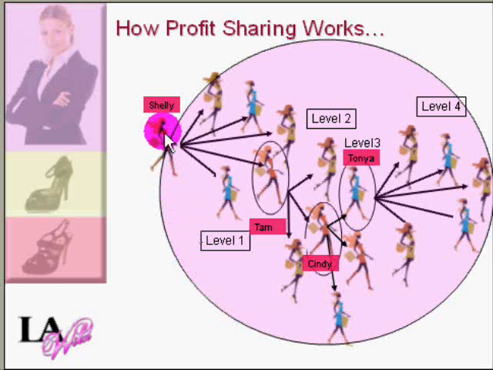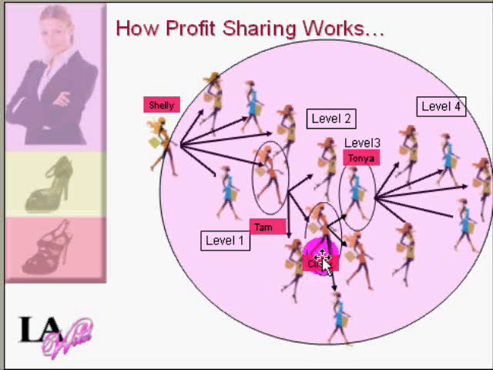Particularly there's a profit sharer by the name of Shelly, okay? And she's represented right here. And Shelly's invited 5 people to the site, and these 5 people are in Shelly's level 1, okay? Shelly also has a level 2 because one of the 5 people she's invited, her name is Tam. Tam's invited 3 other gals to the site, and these 3 gals here are Shelly's level 2.